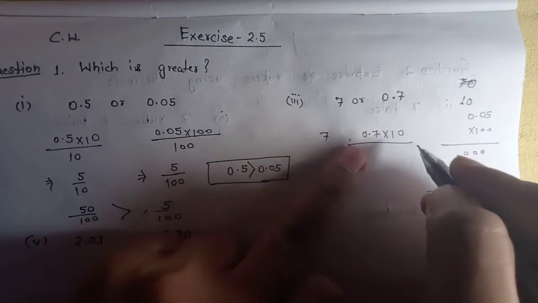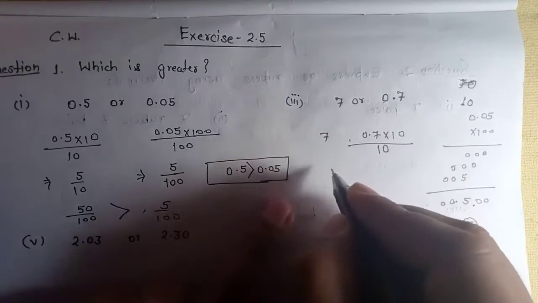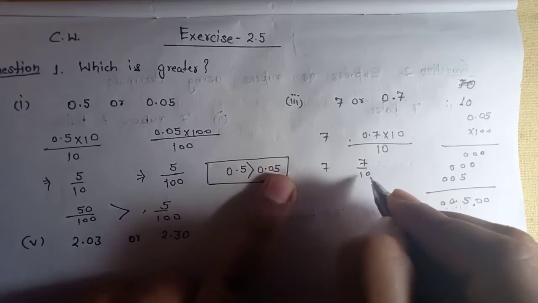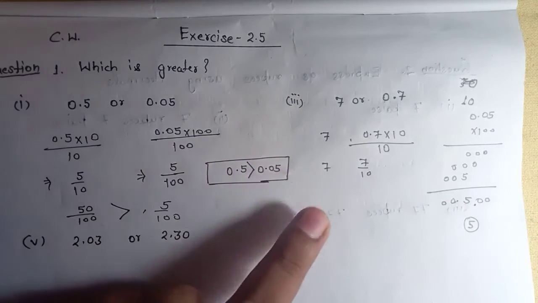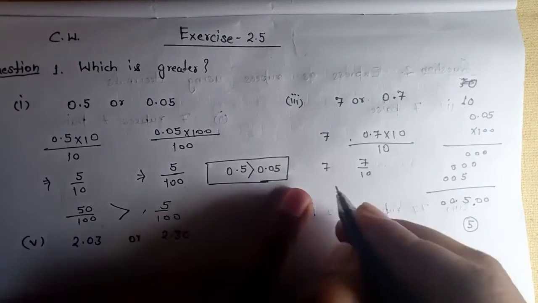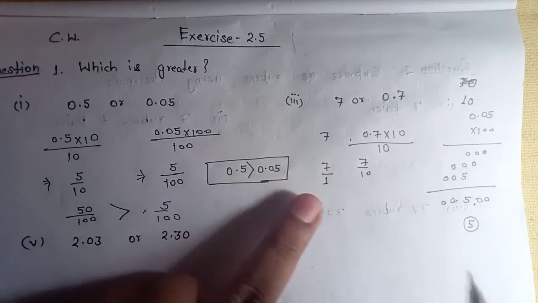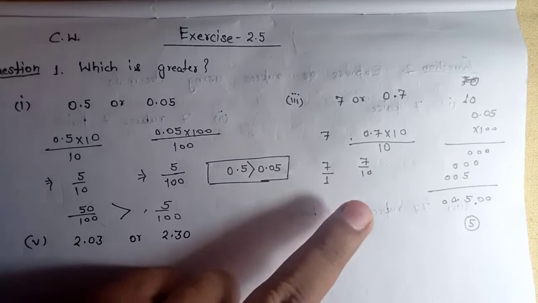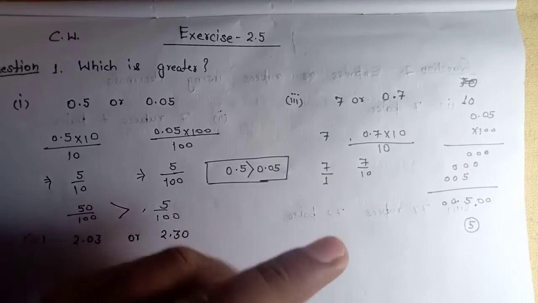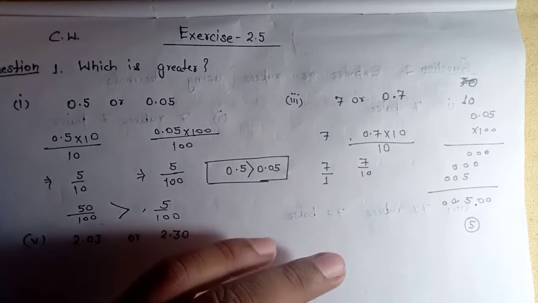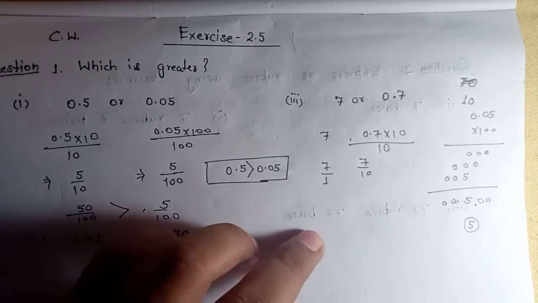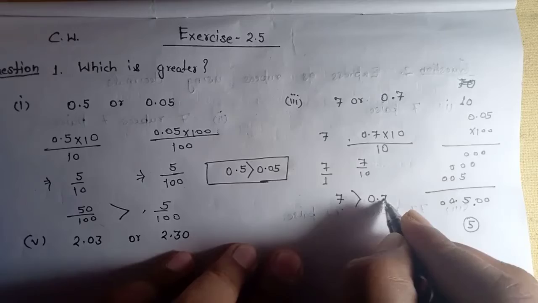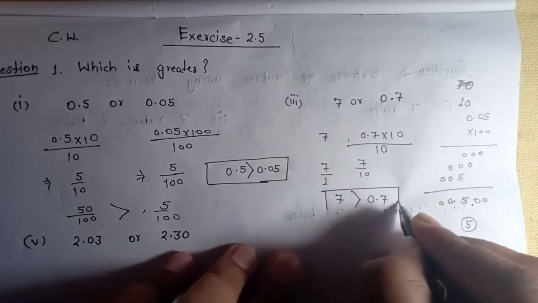Multiply by 10 and divide by 10, you will get 7 upon 10. And here you can see 7 can be written as 7 upon 1. This is an improper fraction, and this is a proper fraction. Eventually we get that 7 upon 1 is greater than 7 upon 10. So yes, 7 is greater than 0.7. This is our answer.